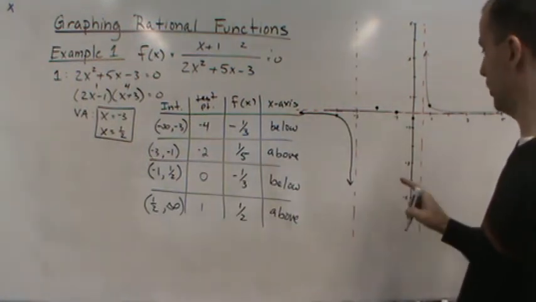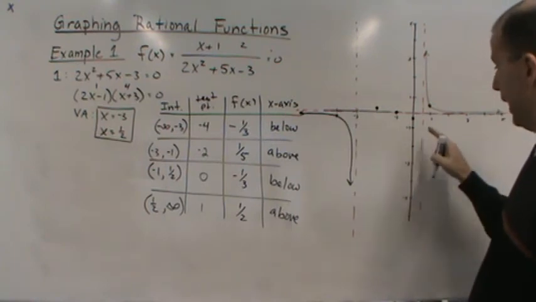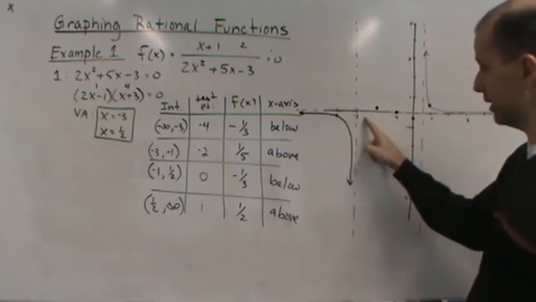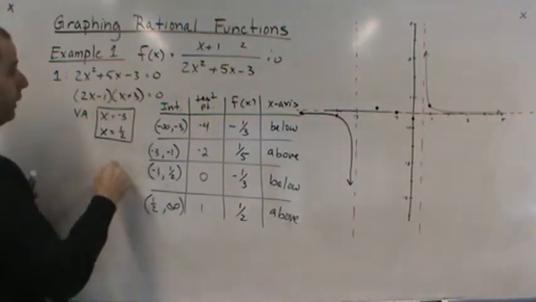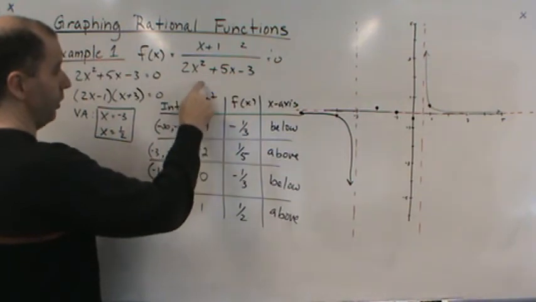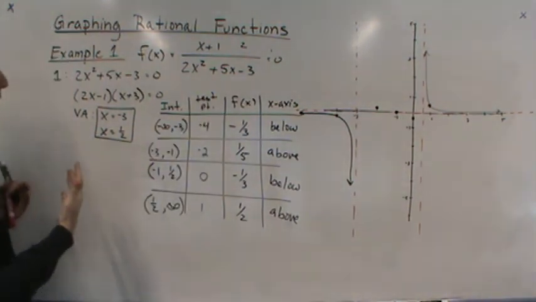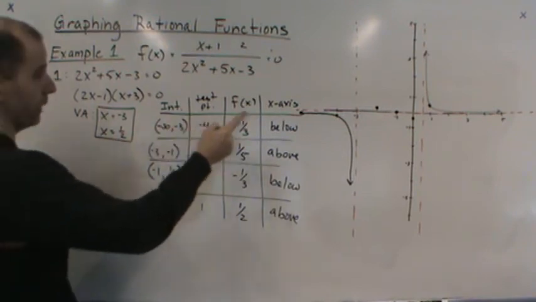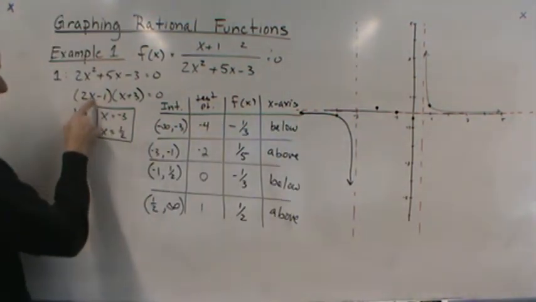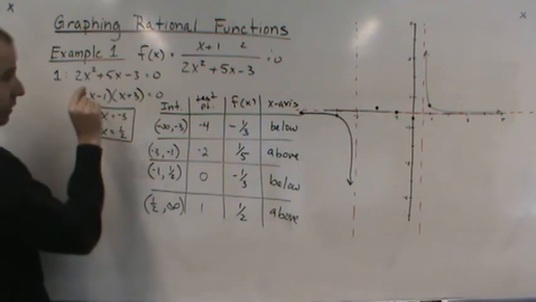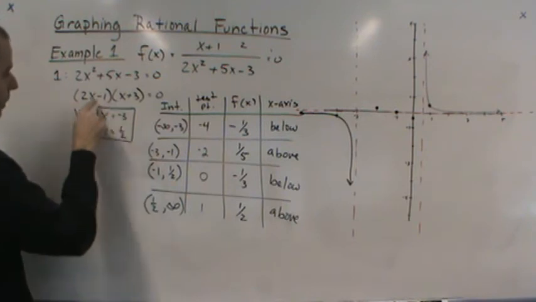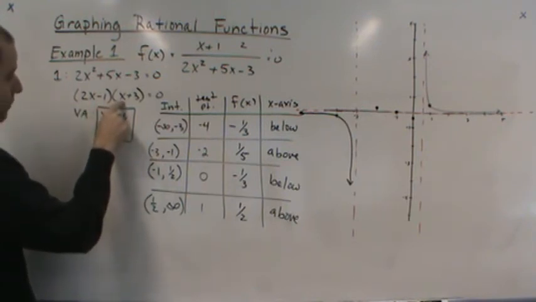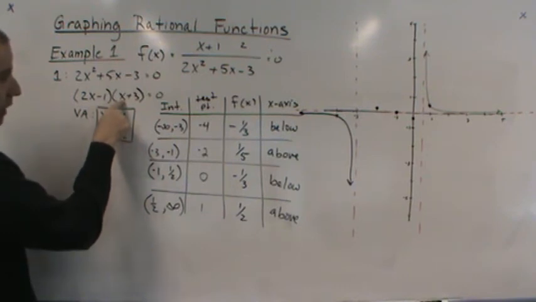Now, what's happening here? As we get closer to negative 3 on the right side, we know this thing is getting closer and closer to 0, but is it going negative or positive? Well, let's find out. Let's say something that's larger than negative 3, close to negative 3 but on the right side.